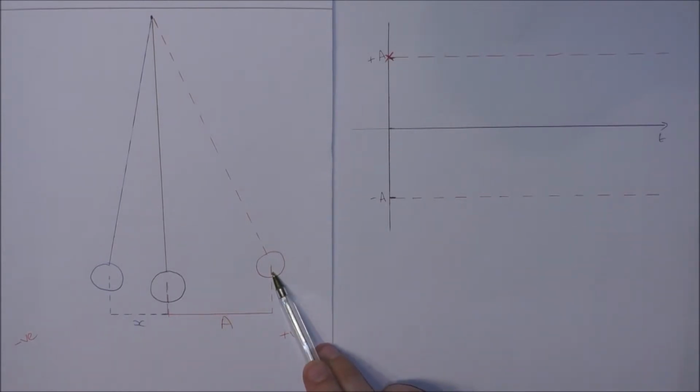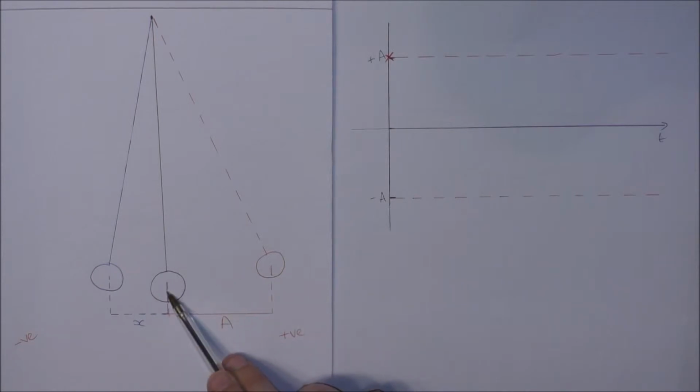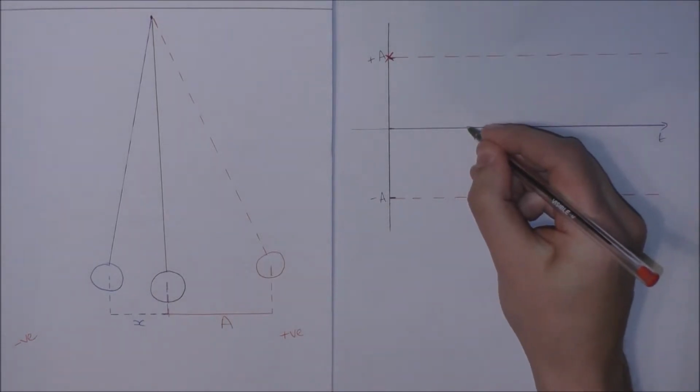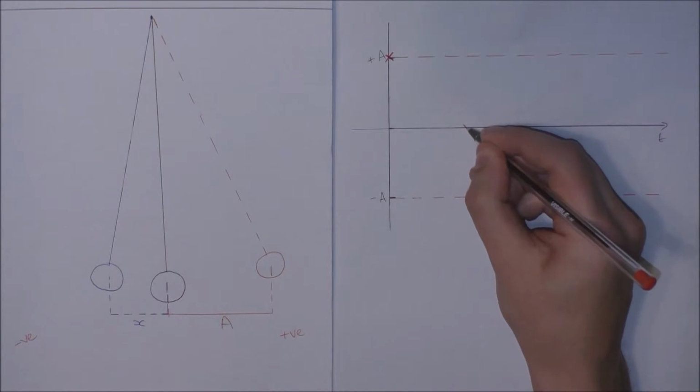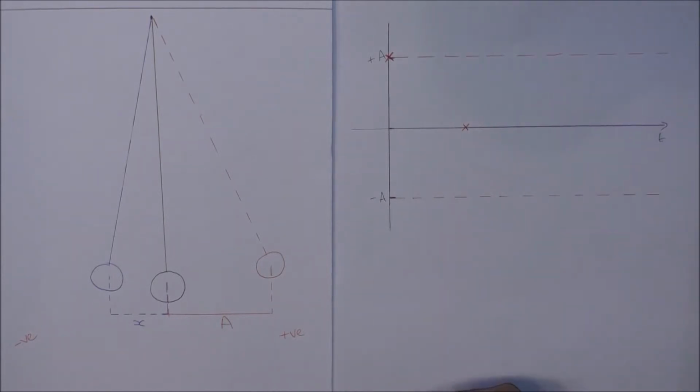The next convenient point that I can look at is 1/4 of the oscillation, when the bob will find itself back in the equilibrium position at 0. So I can graph that something like there.